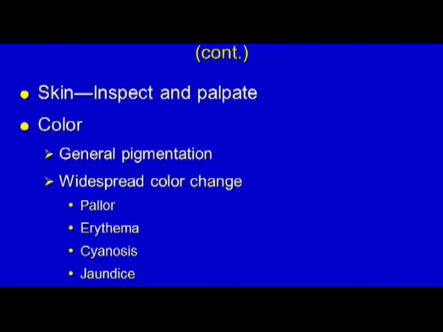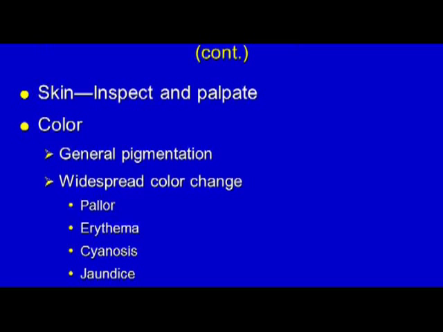What you do want to do, and you'll be doing that on the write-up as well, is rule out these 4 different color changes. Rule out pallor, which is caused usually from anemia. Rule out erythema, which is redness caused usually from infection. Rule out cyanosis, and you all know that cyanosis is a sign of decreased oxygenation.